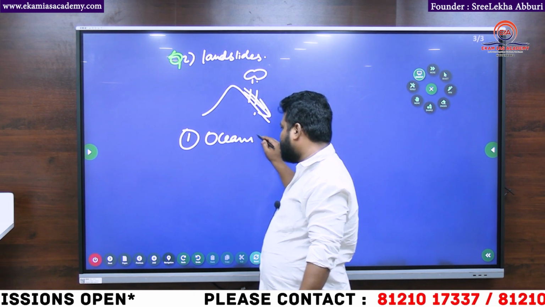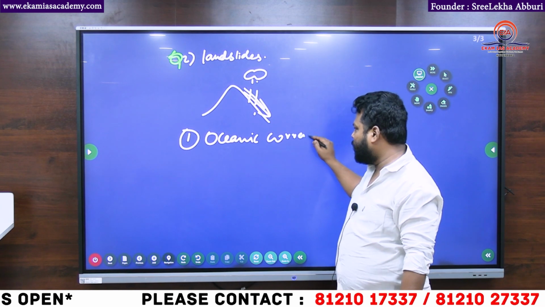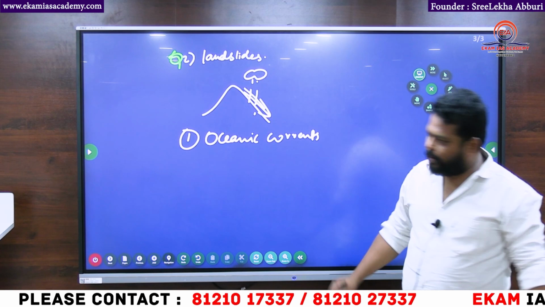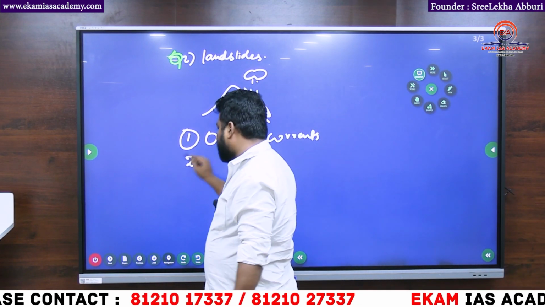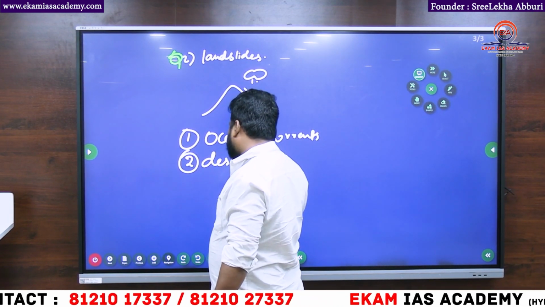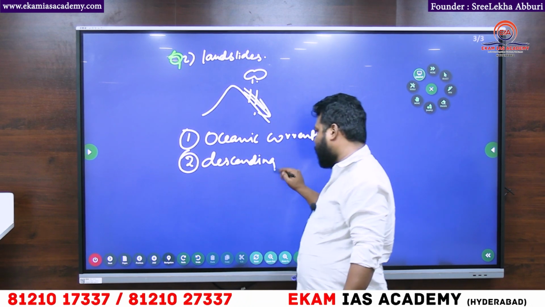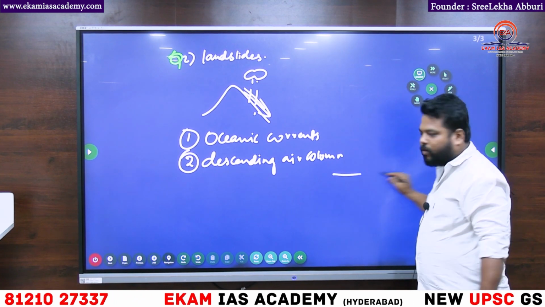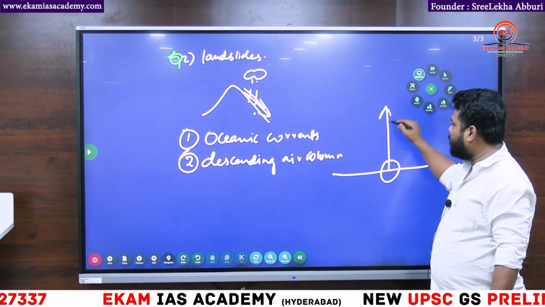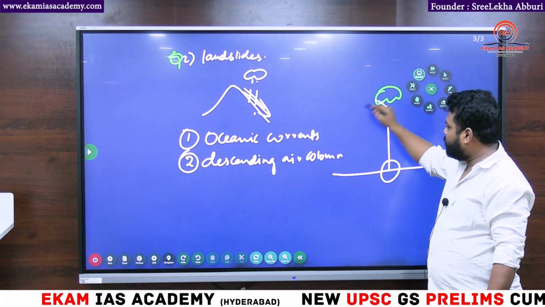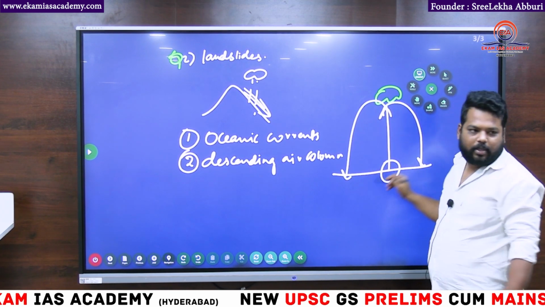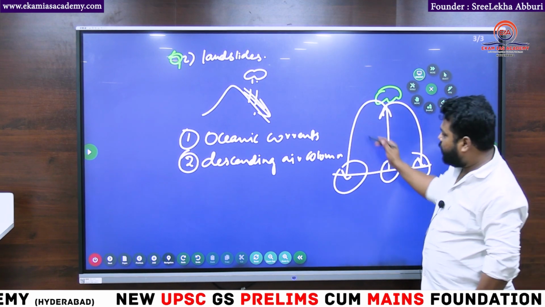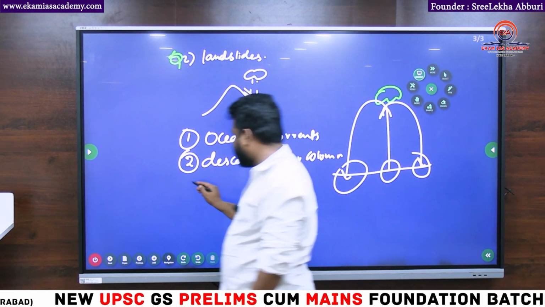Oceanic current: in those regions where we have cold oceanic currents, in general at the lower latitudes, we get desert. Second is the descending air column from the equatorial region. Do you know this? From the equatorial region, air mass rises, cloud formation, precipitation, then it descends at the tropics, creating high pressure belts. So the descending air column is the second reason.